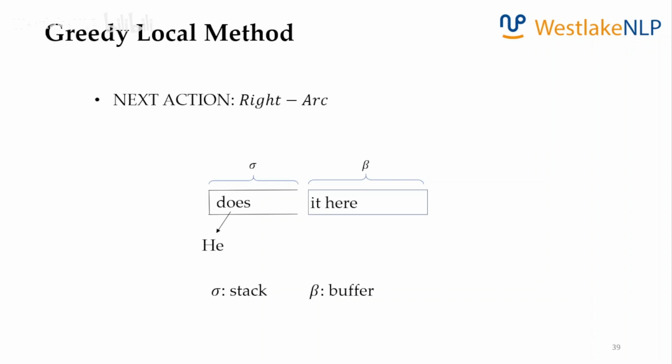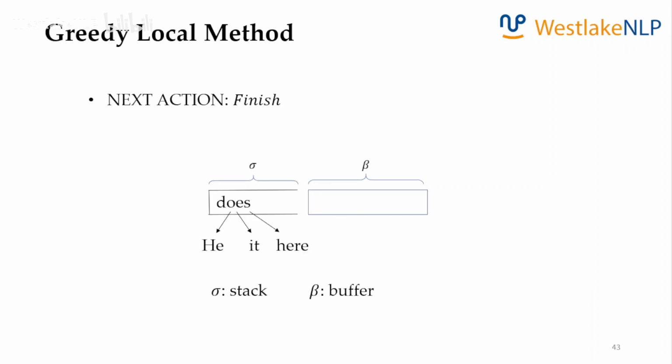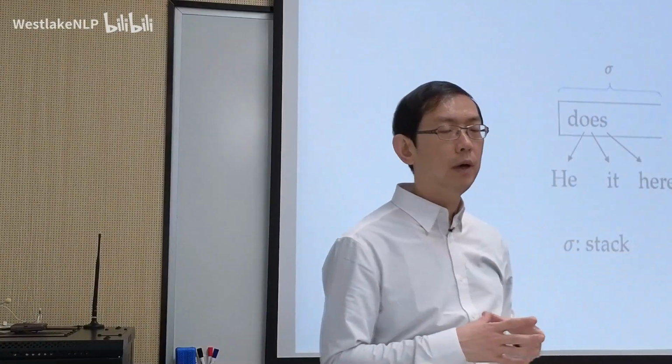Now let's suppose that we chose the correct action again. We did right arc. And then let's just flip through to the end of the state, okay? We process it, and we process here, and we do reduce until we reach the final state, and we apply finish, okay? So this is like choosing a path from the figure I drew on the whiteboard.